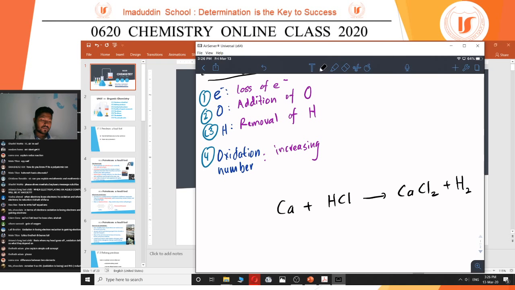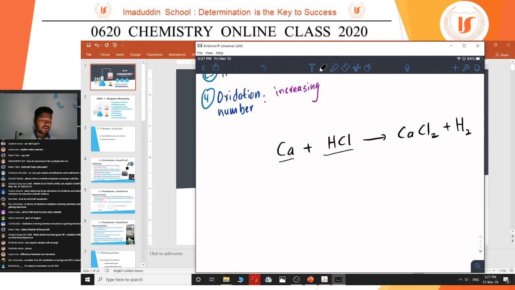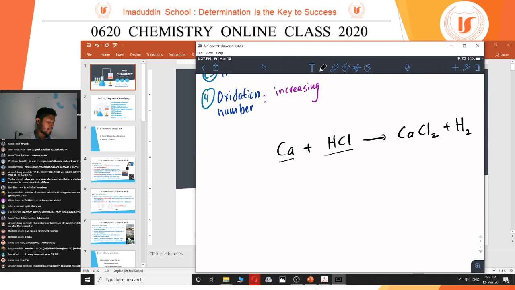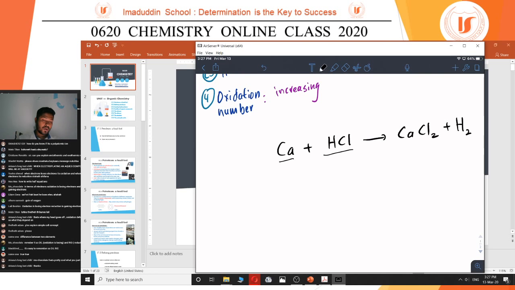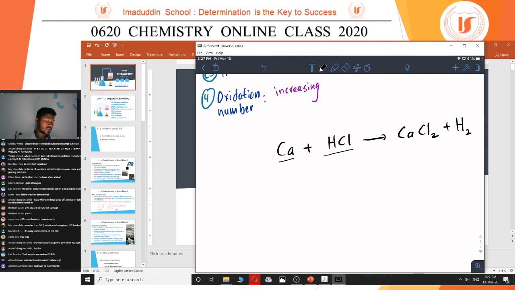If you ask which one, calcium or HCl, is oxidized, first of all, how do you know whether a reaction is redox or not? How can you tell just by looking at the equation? This is a question for all students. How can you tell whether the reaction is a redox reaction or not?